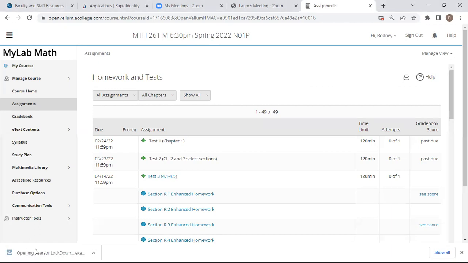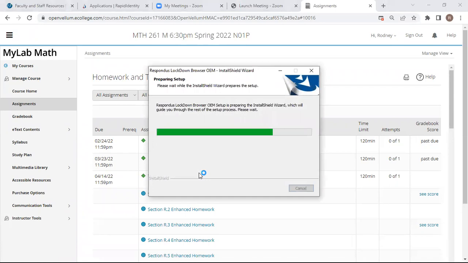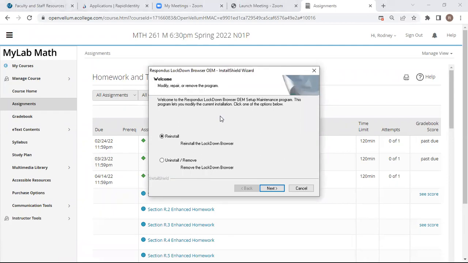So I clicked it to open the installation. And it did tell me it had to close Zoom when I was doing this originally. So that's why I'm kind of scared to go through this completely. But do you want to allow this to make changes? You click yes, of course. It'll prepare a setup. Like I said, if it tells me I have to close Zoom, I am not going to do that. So reinstall, that'll be for me.